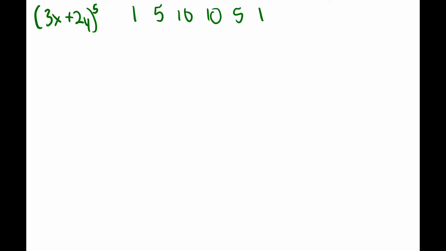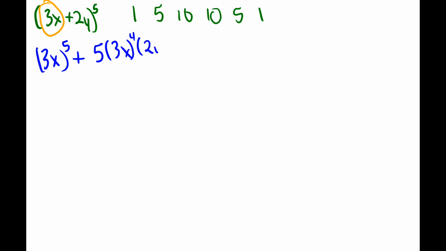And I don't want to have to write all that out because, as you're getting ready to see, I got quite a bit to write anyway. So I know that my first term here is going to be written as 3x to the 5th power plus, I've got a binomial coefficient of 5 times 3x to the 4th power times 2y to the 1st power.